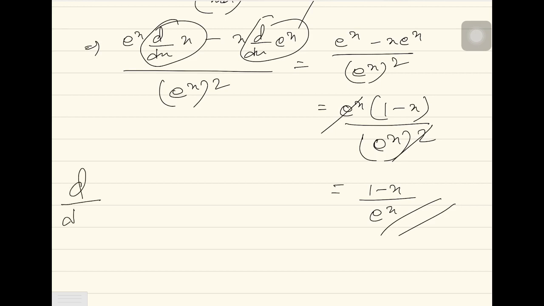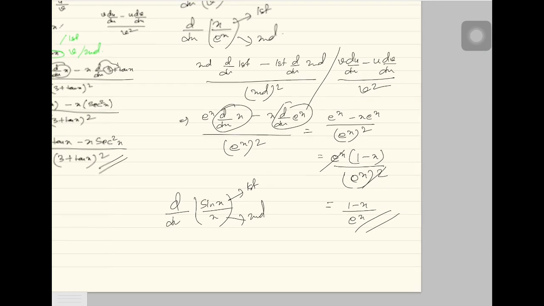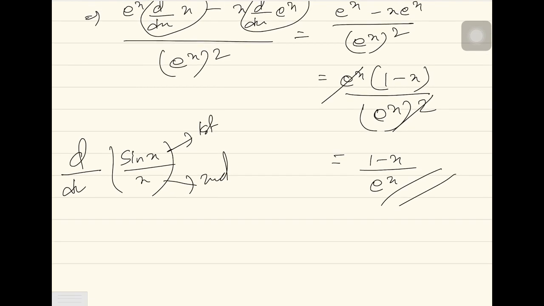If you have, instead of this, let's say sin x by x, how to do this? Then same thing: consider this as first, consider this as second, and apply in the formula. So what will be the formula, by the way? Let me directly do it now. Second, first is second. You have to write the second one first.